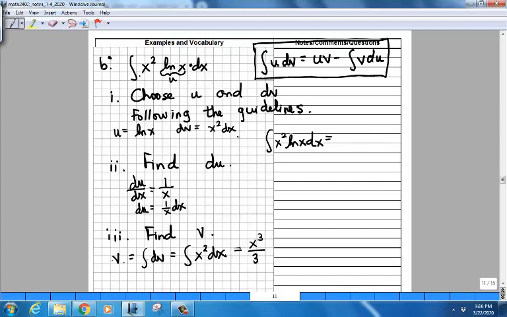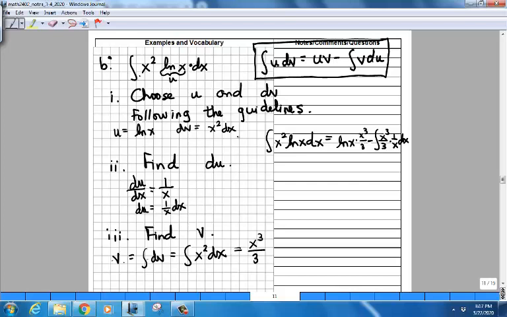Is equal to u times v. So u was natural log of x, right? Times v, but we figured out what v is, right? v is x cubed over 3, and then minus the antiderivative of v, which was x cubed over 3, times du, right? But du is 1 over x dx.